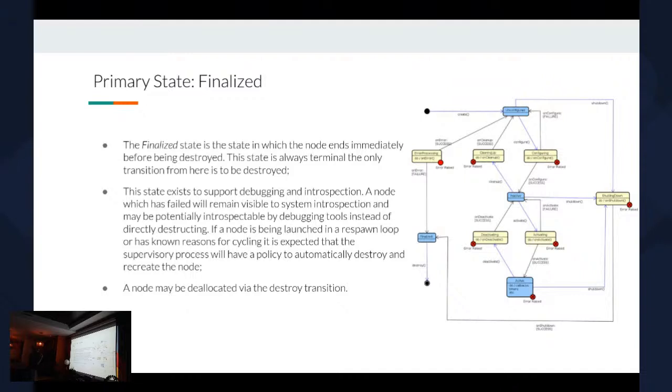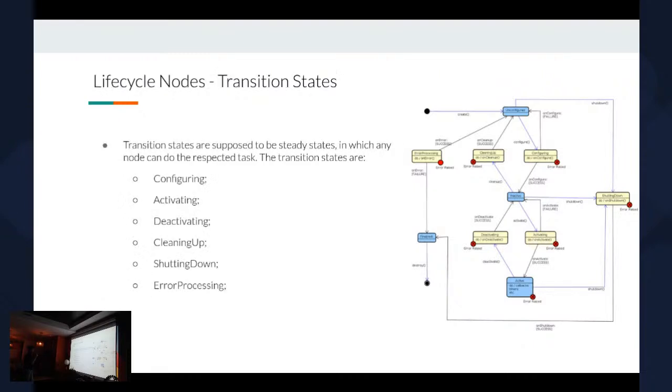As you can see here from the finite state machine, the finalized state only has one option, that is to destroy the node and to exit the program. Okay, we covered all the steady states, and now we'll be talking about the transition states.